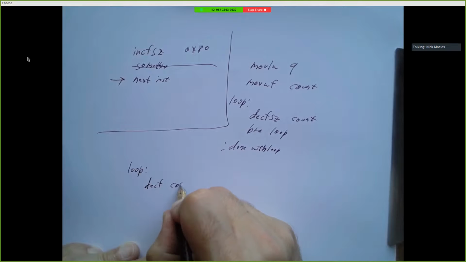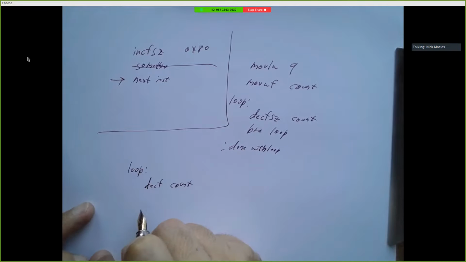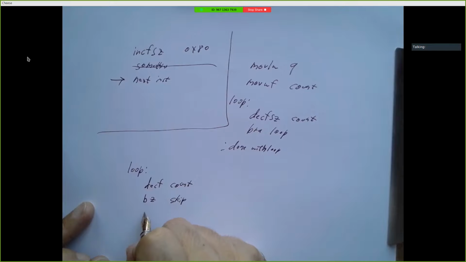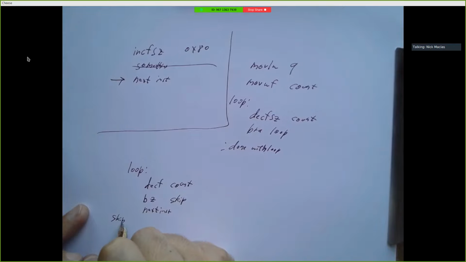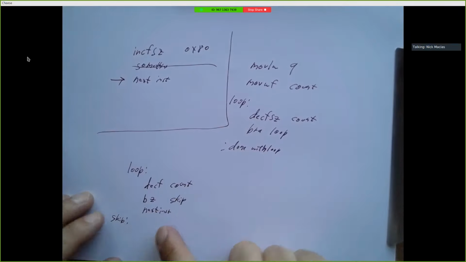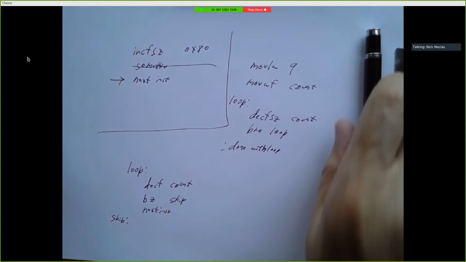Decrement file count, branch if 0 skip, here's your next instruction, and then here's skip. So decrement your file, and if the result is 0, skip over one instruction. Okay, that's what this does.